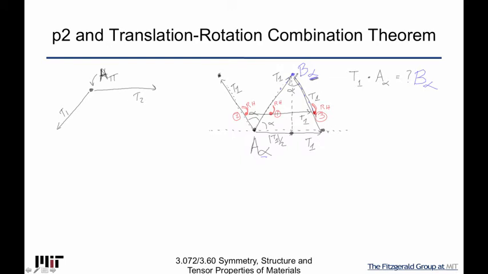And the answer is it is at T over 2, this distance away from T1. So we just want to figure out what that distance is. So we'll call that X, right?